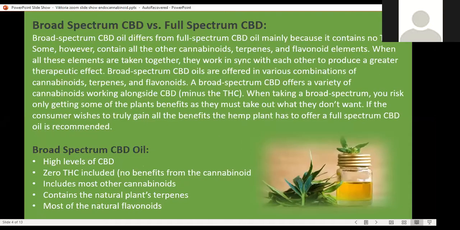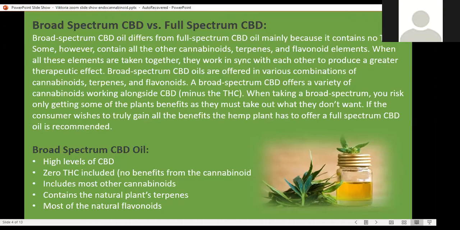Broad spectrum CBD oil differs from full spectrum CBD oil mainly because it contains no THC. Some, however, contain all the other cannabinoids, terpenes, and flavonoid elements. When all these elements are taken together, they work in sync with each other to produce a great therapeutic effect. Broad spectrum CBD oils are offered in various combinations of cannabinoids, terpenes, and flavonoids.